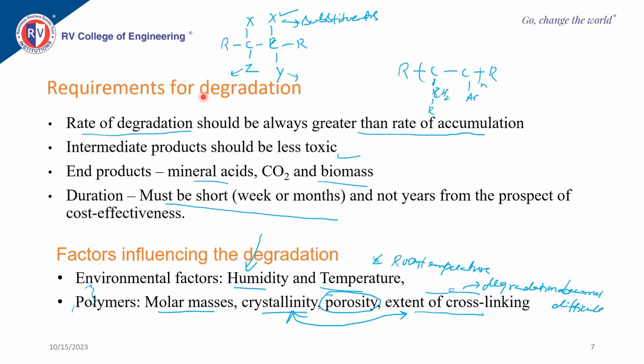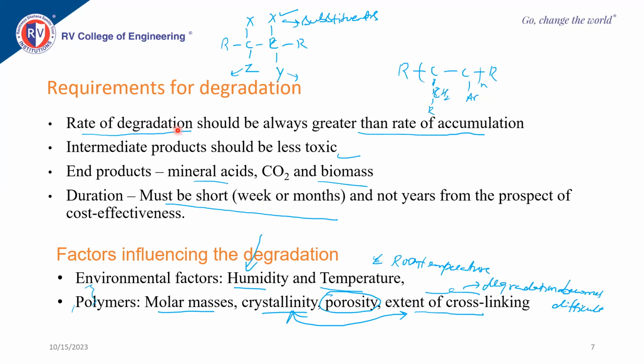To make this degradation process safer for our environment, your intermediate products should be less toxic. That's how you have to choose the nature of the enzymes. End products will definitely be mineral acids and biomass. The duration should be within weeks or months, not years. That's how we tune the reaction conditions.